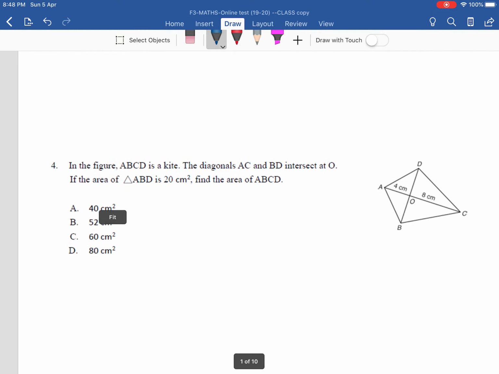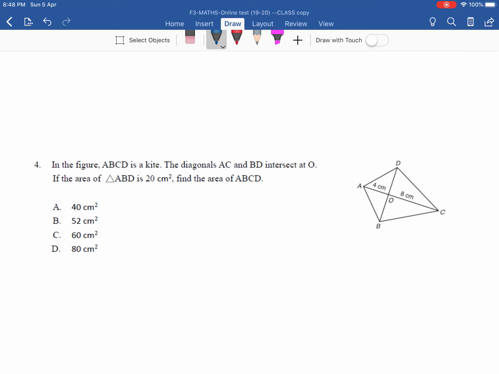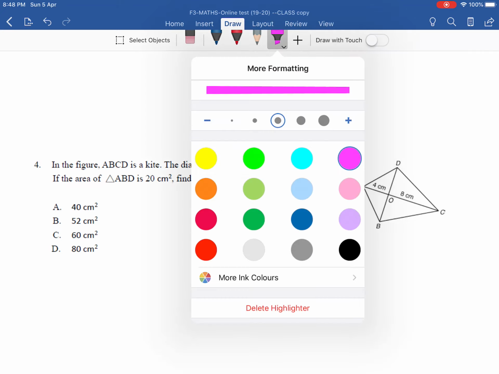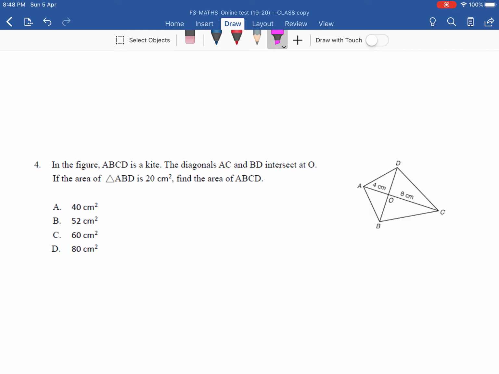And we go to the second question. You know that the area of ABD, that is this one, is 20. And now you are asked to find the whole one. You know this part is only 4, and this part is 8.